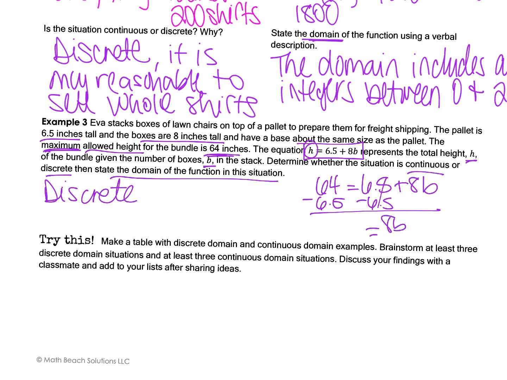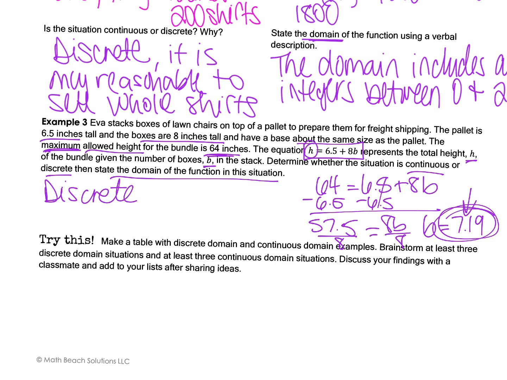So that's going to be 57.5, and then divide by 8, and that gives you 7.19, which again, we can't have a portion of a box. So that means the maximum number of boxes that we can stack is 7.